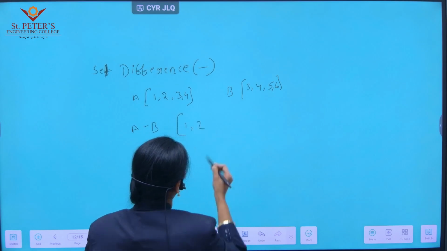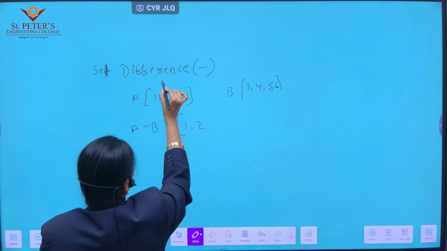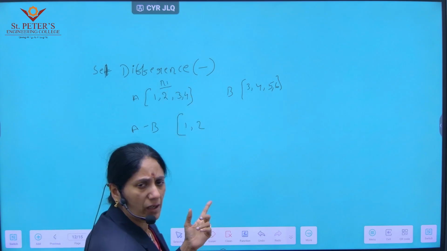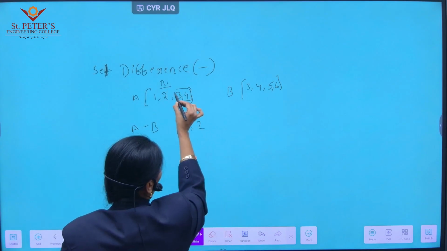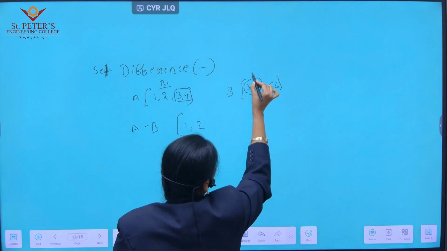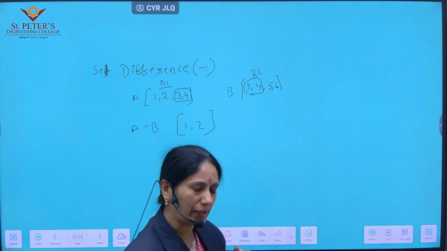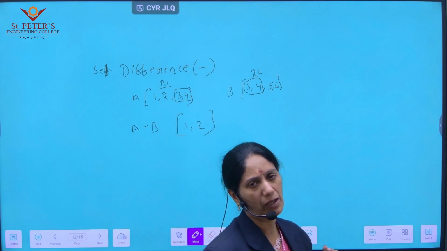The values 1, 2 are present in R1. 3, 4 is also present in R1, but 3, 4 is again present in relation R2. That's why the 3, 4 values are eliminated, or removed.